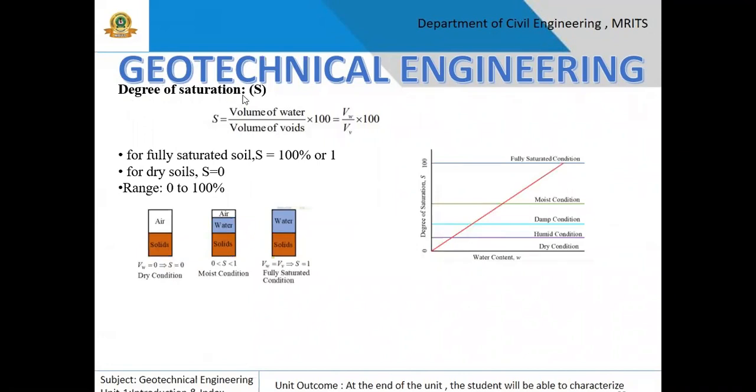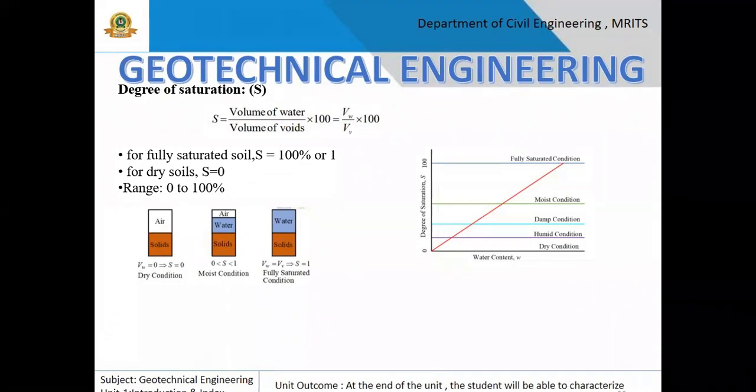Degree of saturation is denoted by capital S. It is equal to volume of water to volume of voids into 100. So what we find out here is, in the total volume of voids, what is the volume of water. That is called the degree of saturation. So it is equal to Vw by Vv into 100.